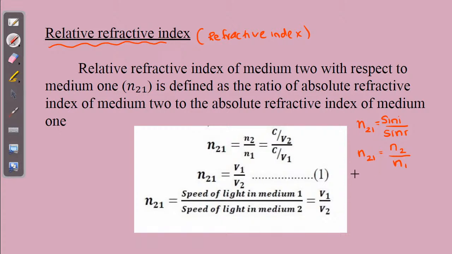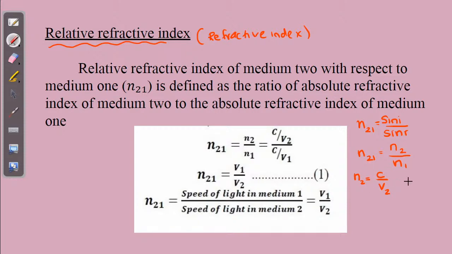Now let's write the absolute refractive index of the second medium. This is nothing but the velocity of light in vacuum or air divided by the velocity of light in the second medium. We know that the velocity of light in vacuum or air is always represented by the symbol c.